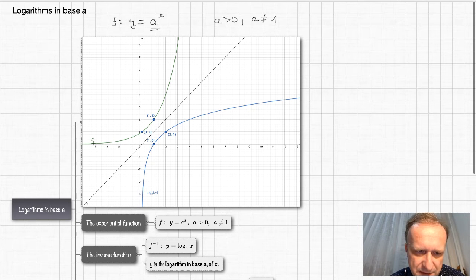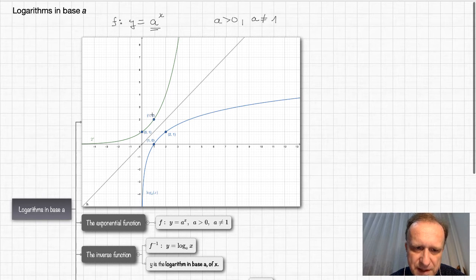So first, the green curve, the exponential curve, passes through the point (0, 1). Then the logarithmic curve has to pass through the corresponding point (1, 0). So you see these two coordinates, x and y, are interchanged. Moreover, the green function passes through the point (1, 2).